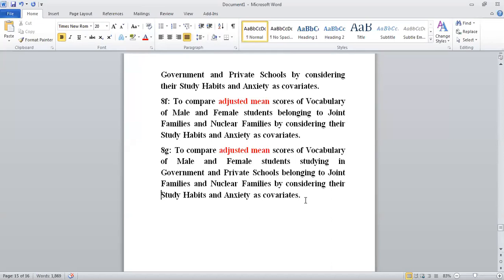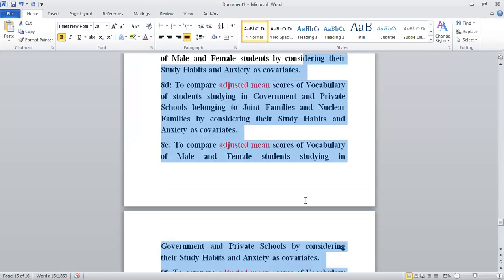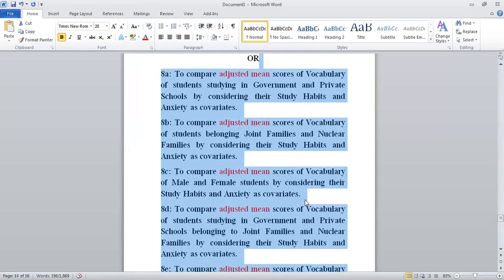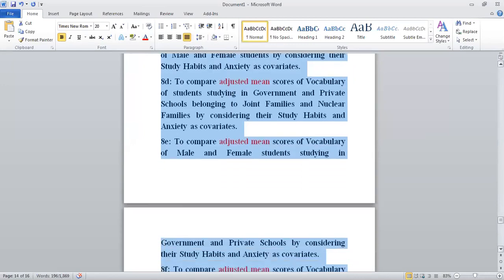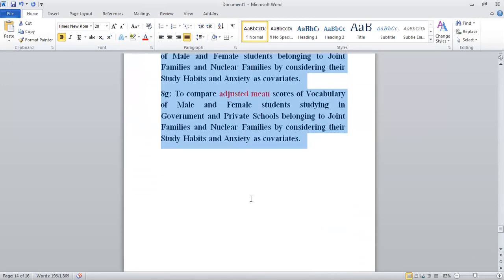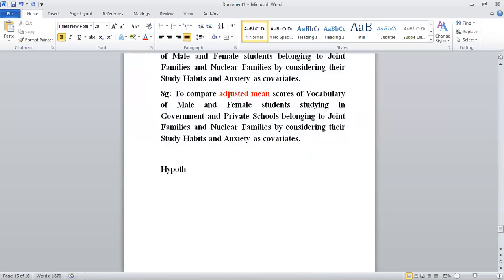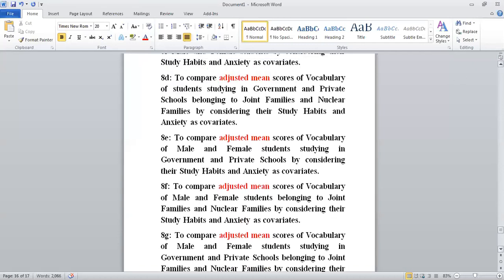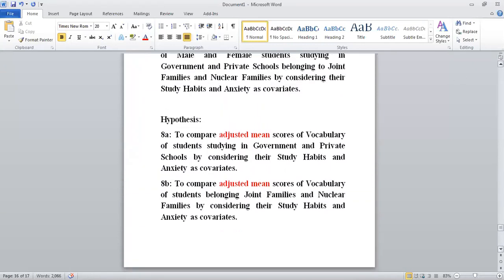Now, you can take the hypothesis. Now your hypothesis will be like this. So the hypothesis will be, I have to make change. And now you know what change I have to make.